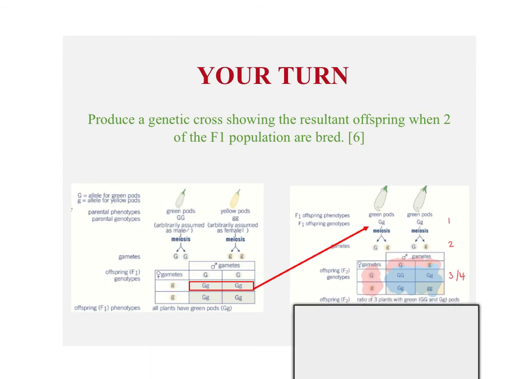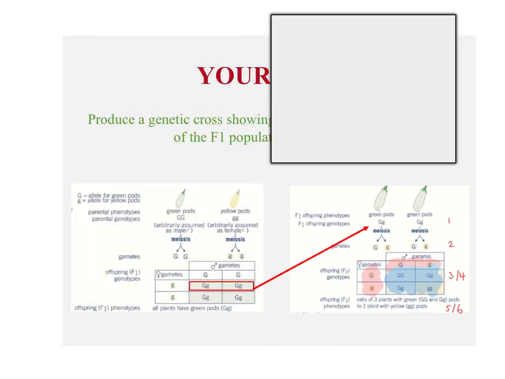The final mark comes from telling me the genotypes and the phenotypes. Now, I don't really like the way that they've written this statement at the bottom, a ratio of 3 plants with green to 1 plant with yellow. I would much prefer in an exam you spend the time and you go 1 out of 4 big G, and we know they're green.